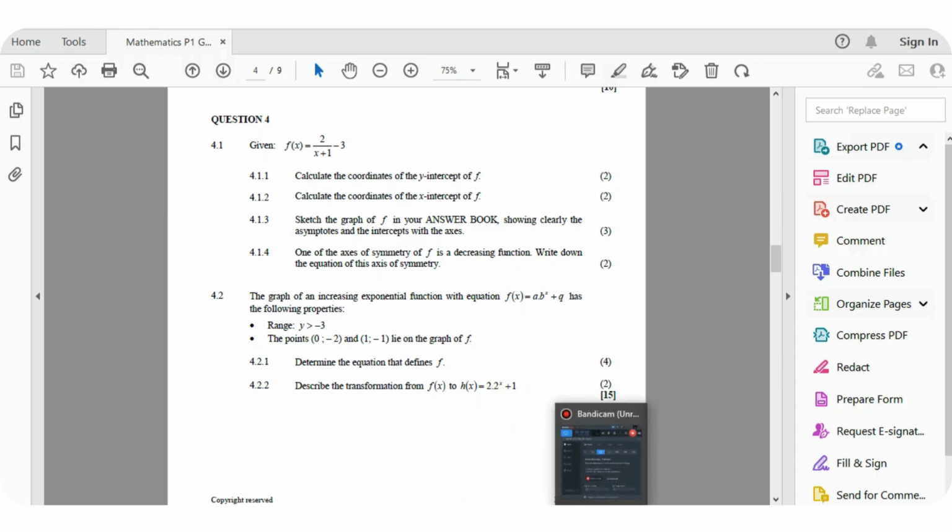Okay, so let us quickly do that. So we know f is 2 to the power x minus 3.